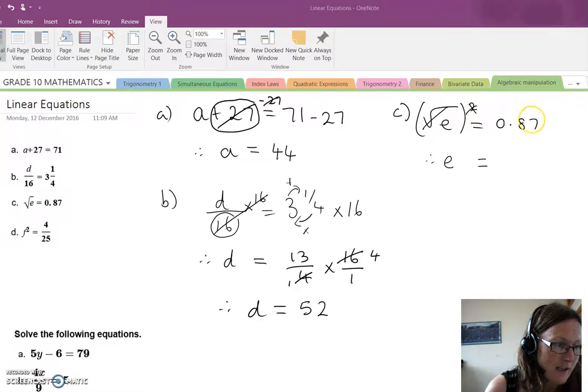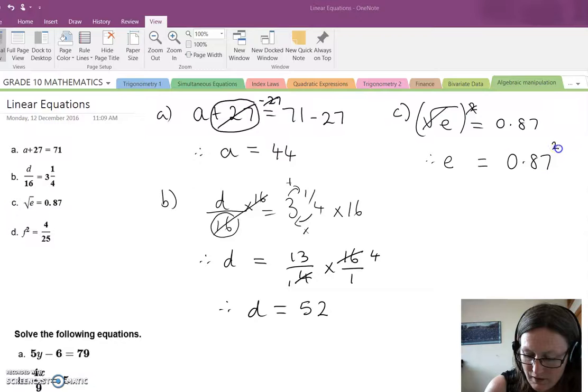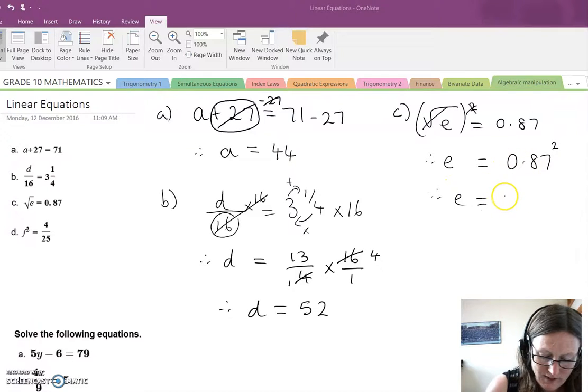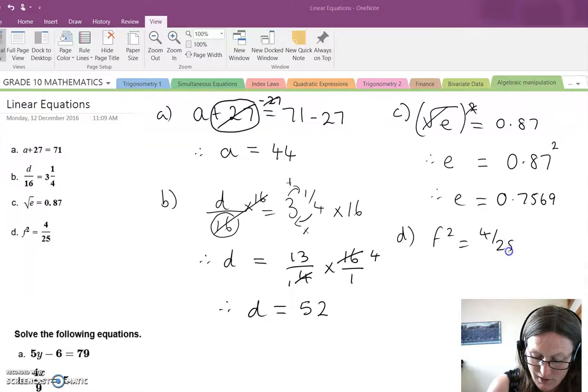So that's okay as long as we do it to the other side. Whatever we do to one side is okay as long as we do it to the other. So if we have 0.87 squared, that gives us E being 0.7569.